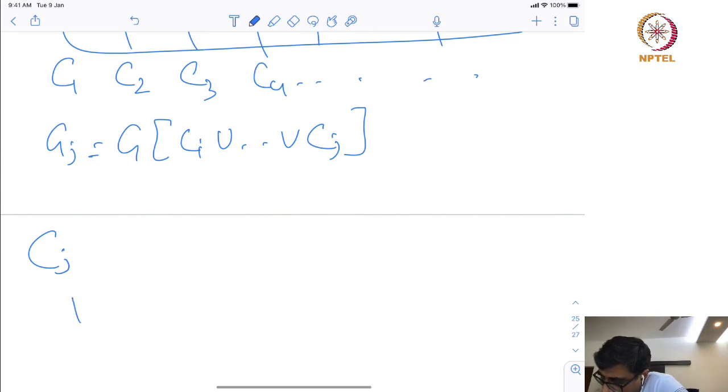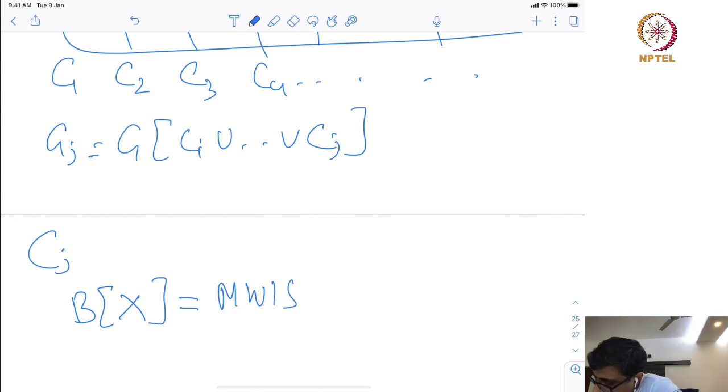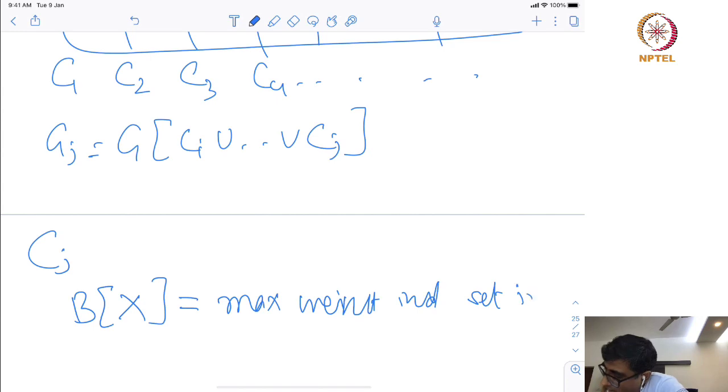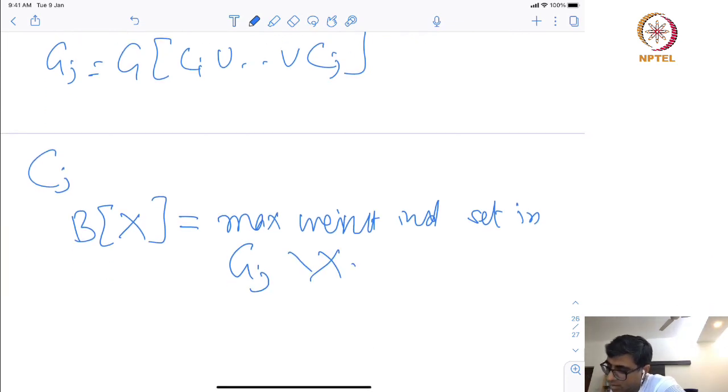B of x is going to store the max weight independent set in the graph Gj minus x. So what is the maximum weight independent set in Gj minus x?